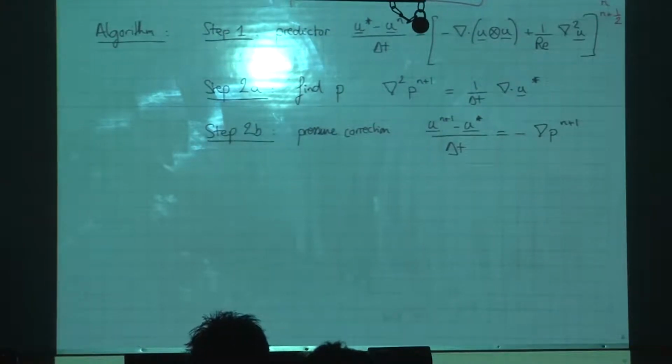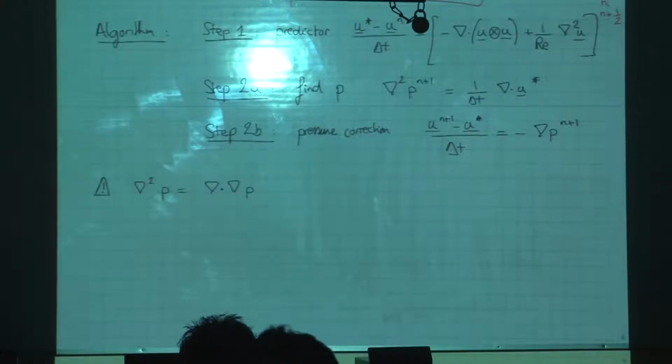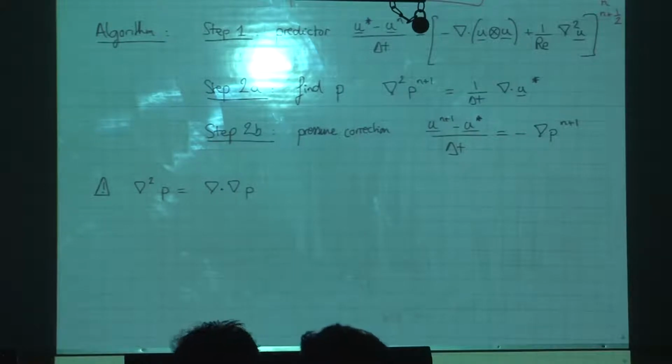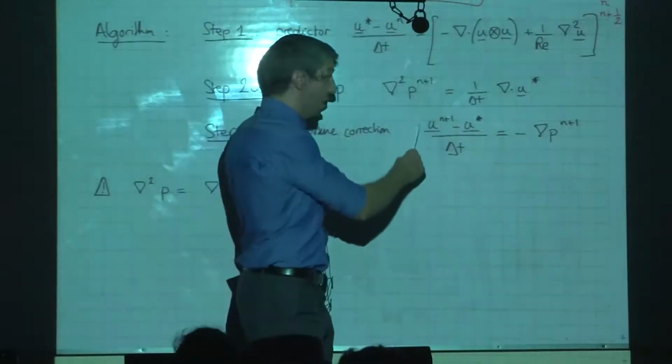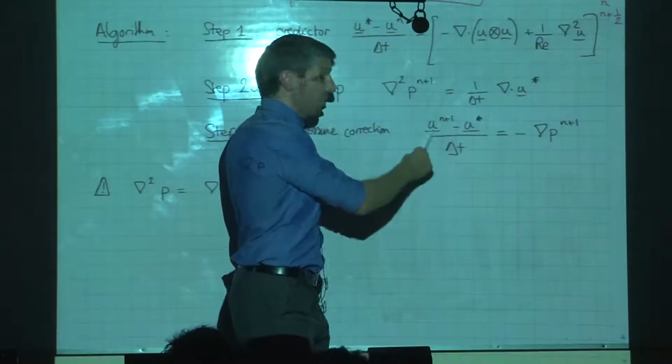So I've just said it's elliptic. I said it's the most expensive part of the solver. One thing is the Laplacian, obviously the divergence of the gradient. Well, in the continuous world, yes. We're not dealing with the continuous world, we're dealing with the discrete world. If this property is not true, you don't have a numerical projection algorithm anymore. A projection has to be a projection. A projection needs to be such that if I recompute the divergence after that step, I need to guarantee that this is exactly 0.